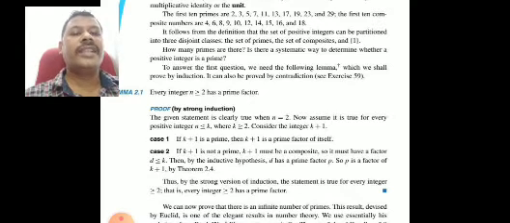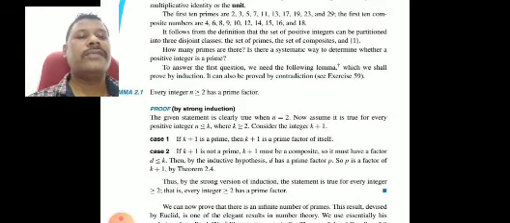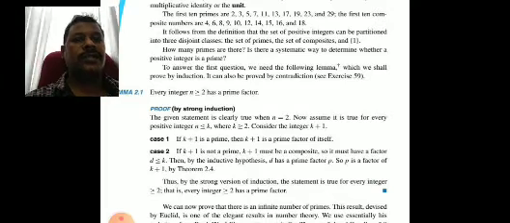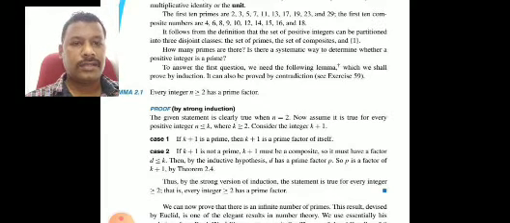Every integer n greater than or equal to 2 has a prime factor.